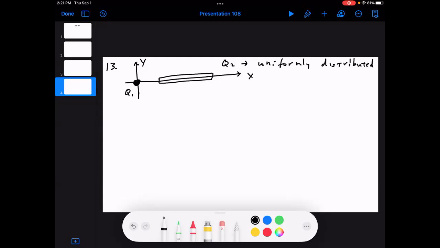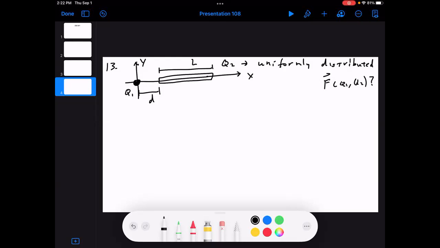We know that the rod starts a distance d away from the origin, and the rod is of length capital L. What we want to end up with is the force between Q1 and Q2. That's where we're going to end up.